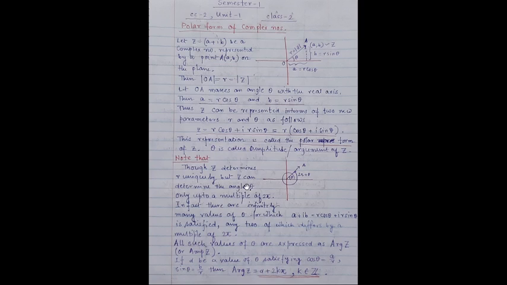So that is not a problem. But the problem comes while measuring the angle theta that OA makes with the x-axis. So far we haven't mentioned how to measure it, and we haven't imposed any restriction.